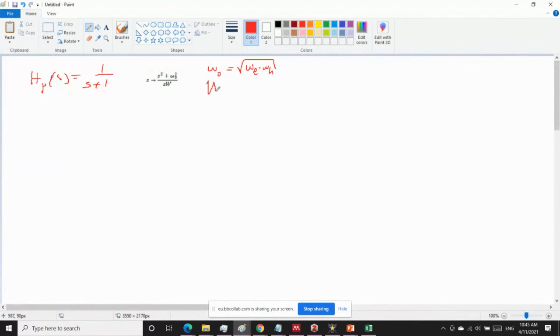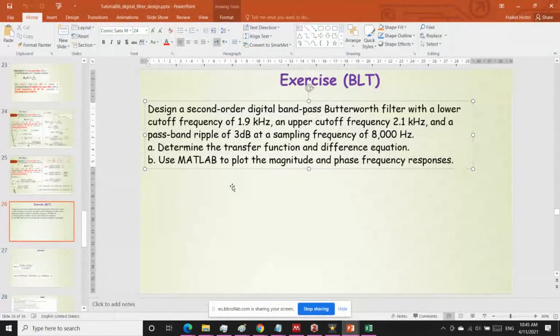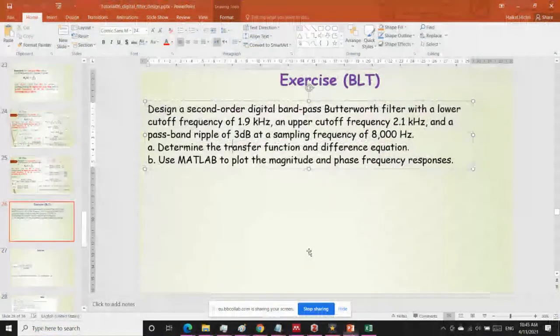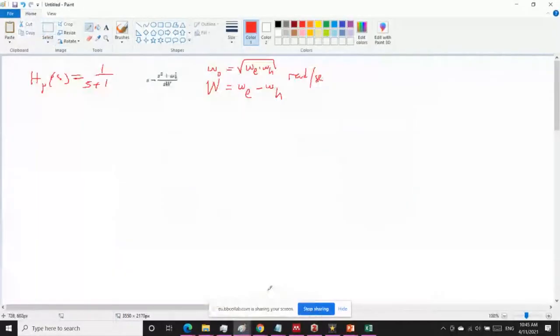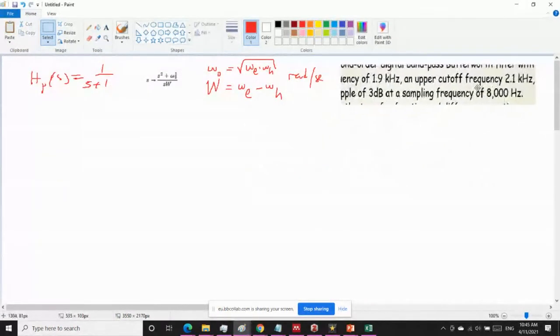The width, the bandwidth, is omega low minus omega high. The problem is that these omegas all have to be in radians per second, but he gave them to us in terms of hertz. So we need to change all of that.